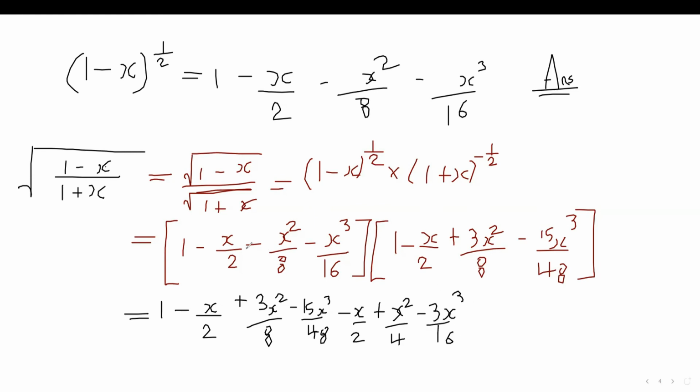We don't need to multiply x times x cubed because that will give us x to the 4, and we don't need x to the 4. Then we multiply minus x squared over 8 times 1 to get minus x squared over 8. Then minus x squared over 8 times minus x over 2 gives minus x cubed over 16, since 2 times 8 is 16. Then we multiply minus x cubed over 16 times 1 to get minus x cubed over 16.